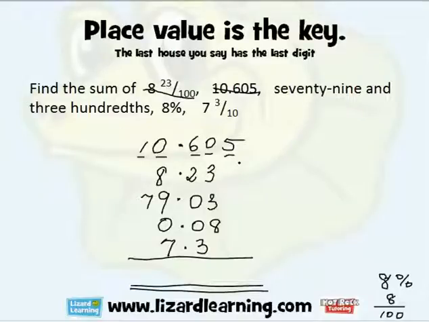Alright. What I am going to do is make sure, and this is a good idea, so you don't mess things up, in the top one, we've got 10 decimal 605, or 10 and 605 thousandths. We go right to the thousandths column. So, put in the thousandths, or any place that hasn't got a digit in it, put placeholders in.